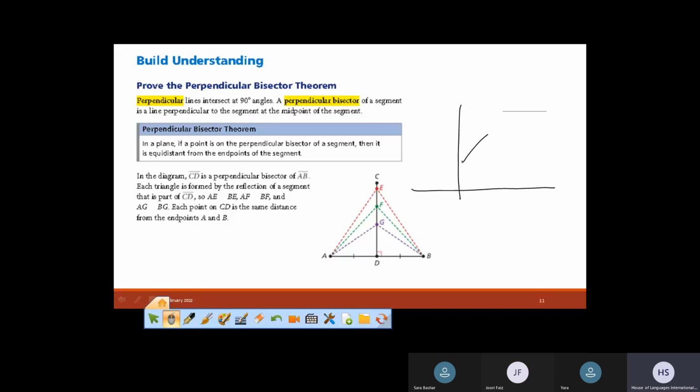No, it's not a bisector. So if we draw them like this, they are not equal. This is 3 and this may be 5. So we must say that CD bisects AB. If it doesn't bisect it, we cannot use this theorem. Is it clear? Okay.